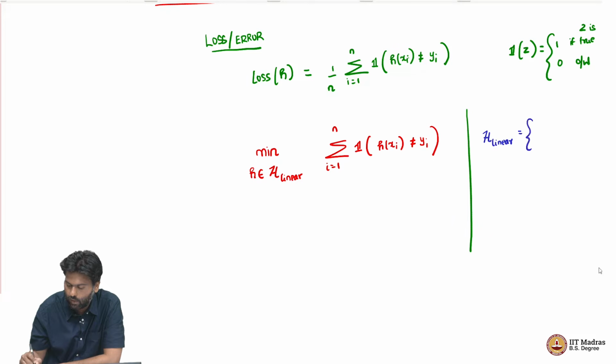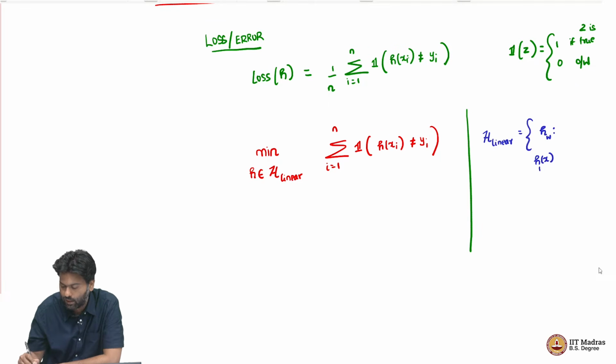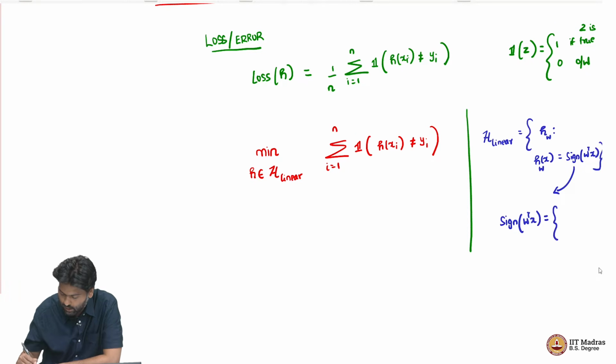h linear is the set of all hypothesis functions, or classifiers h, such that h_w of x, characterized by some w, is the sign of w transpose x, right. The sign is just our usual function: sign of any input z is going to be 1 if z is greater than 0 and 0 otherwise.